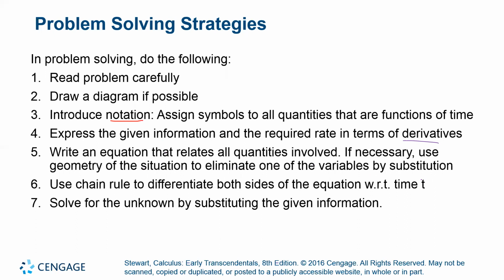You may have 2 or 3 variables. If all of them depend on time, then it is possible to differentiate. If not, then sometimes we can eliminate some variables. Of course, we use the chain rule. Again, you see how powerful that is. And then we solve for the unknown.